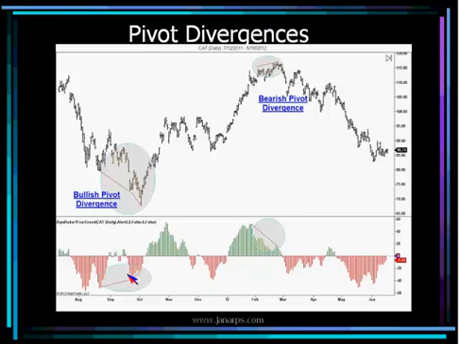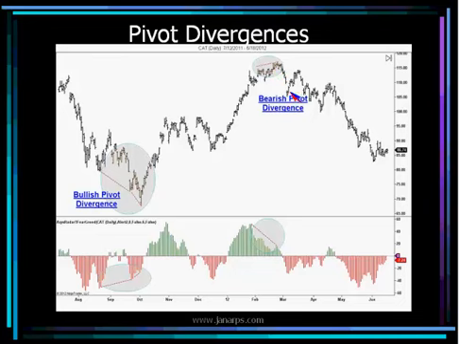And this is an excellent opportunity to get some warning to get into a position or to get out of a position. Either way, it's a sign that the trend is likely to be exhausting its strength.